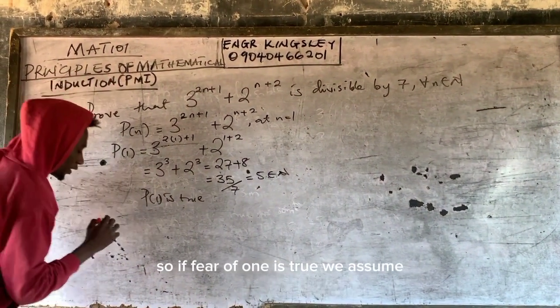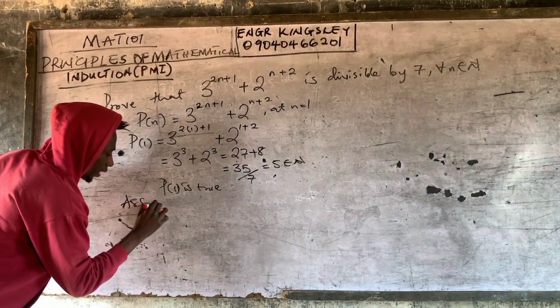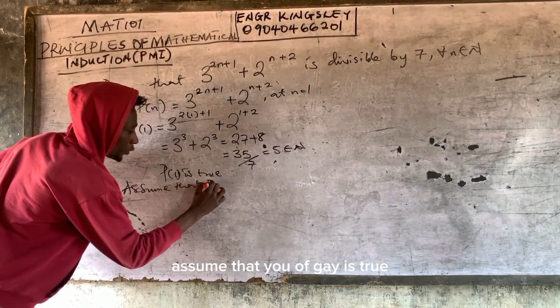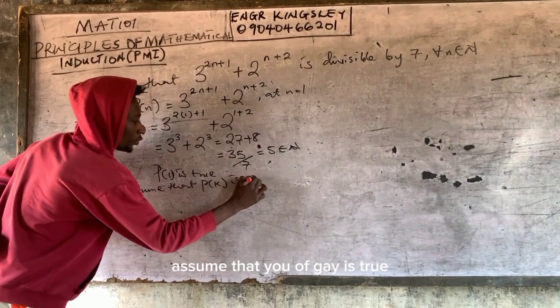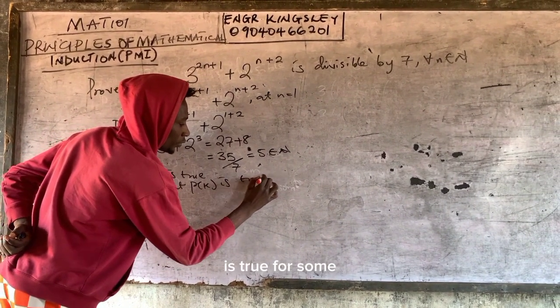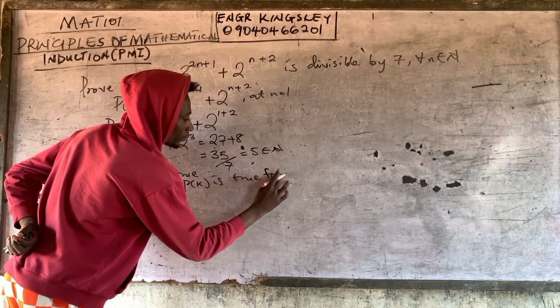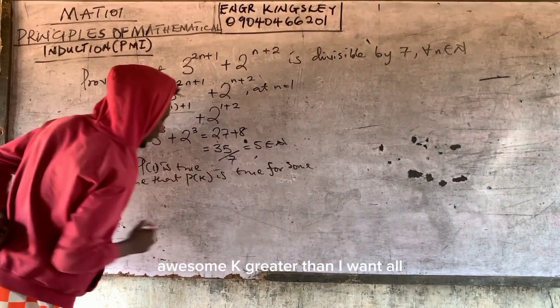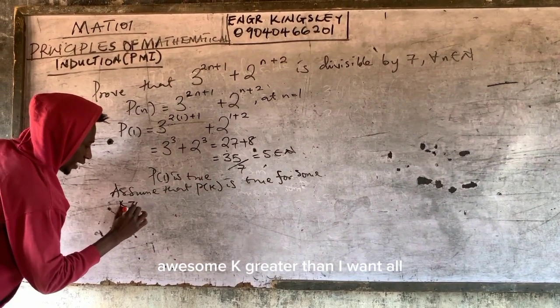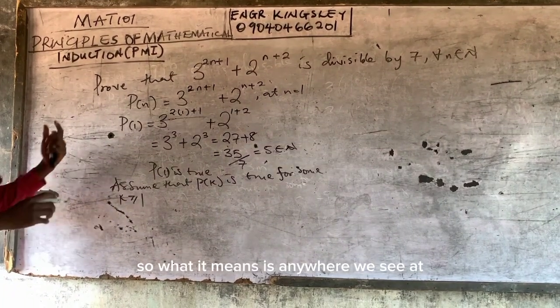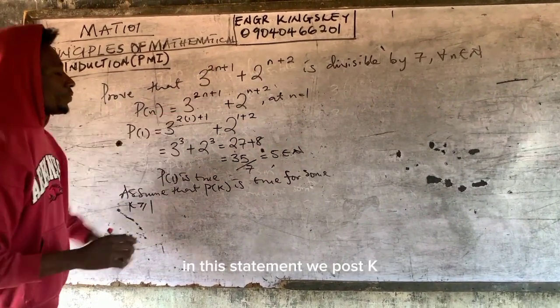If P of 1 is true, we assume that P of k is true for some k greater than or equal to 1. What it means is anywhere we see n in this statement, we put k.